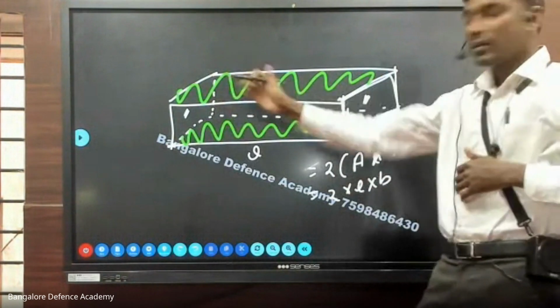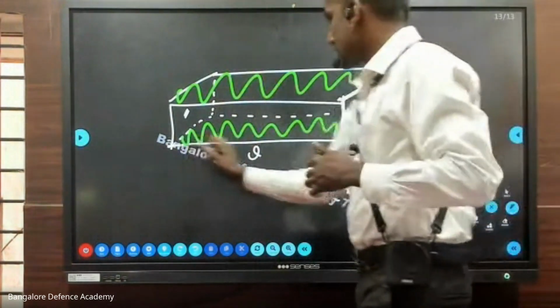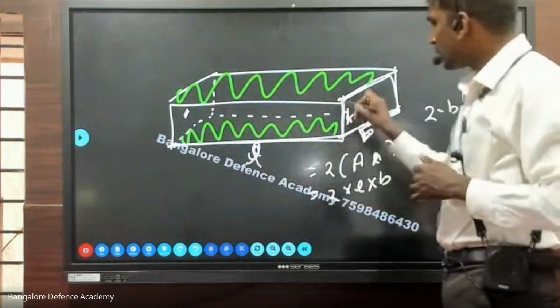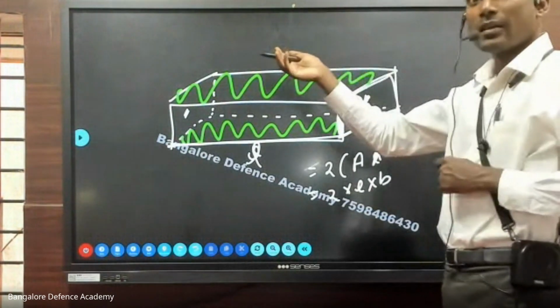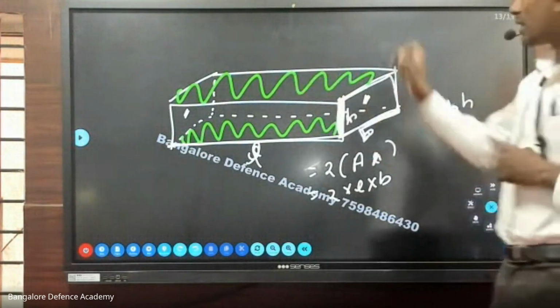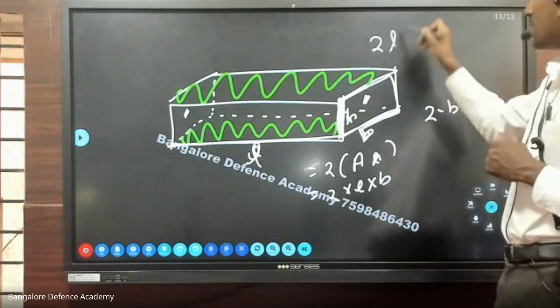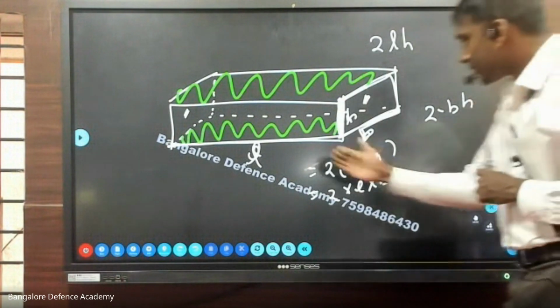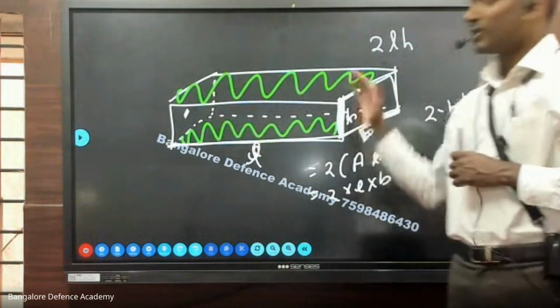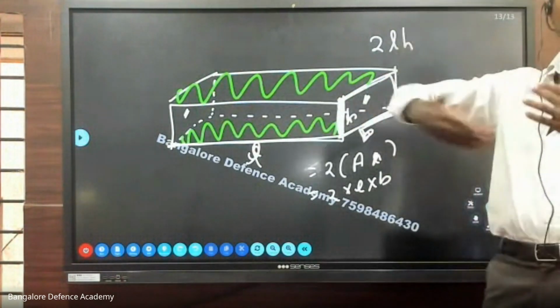Front and back. So now look at this. This is front L, and this is height. The back is also the same. So how many rectangles do you have? 2 rectangles. So can I say 2 into L into H? Adding all these 3, I get the total surface area. Surface means what? Outside.